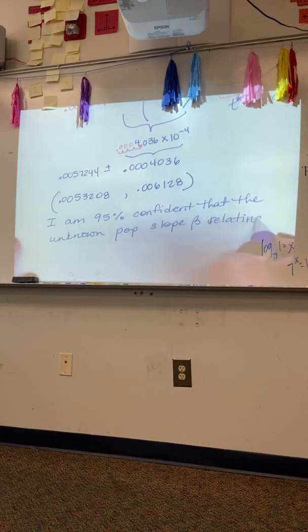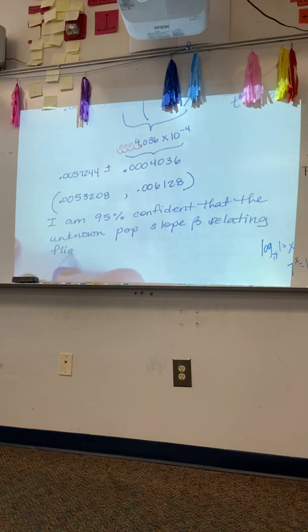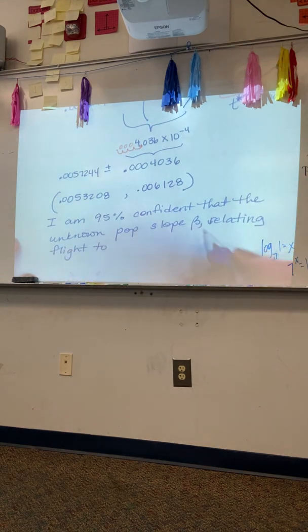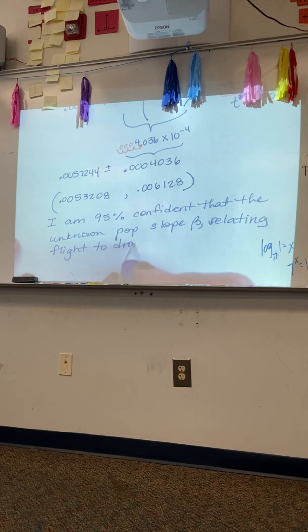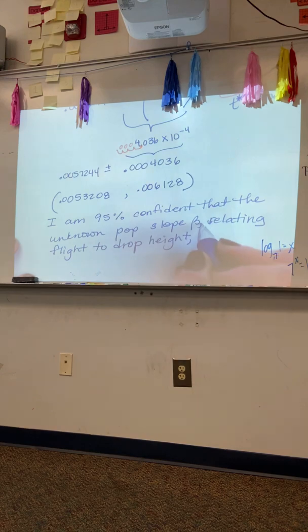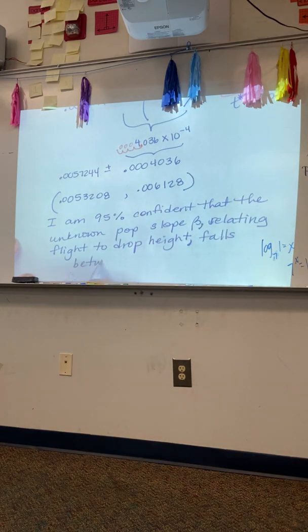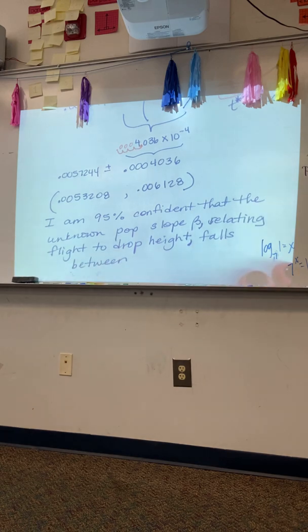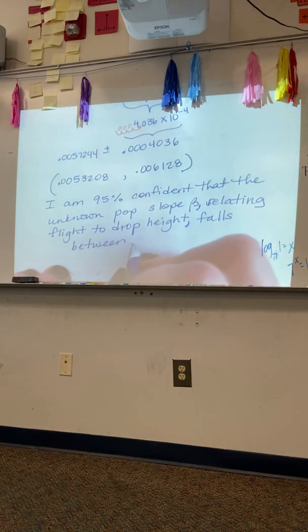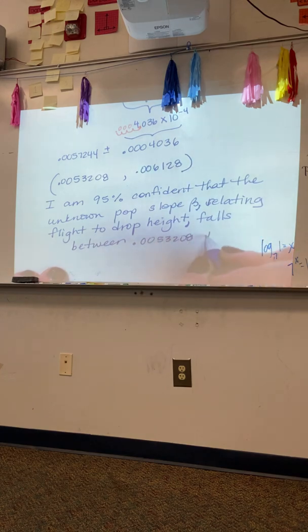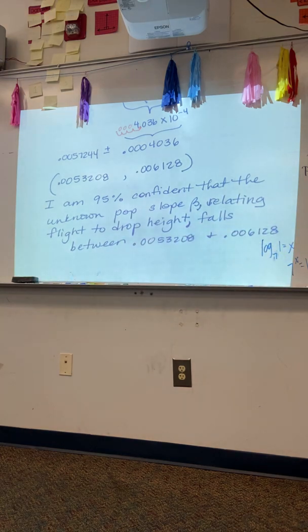Relating flight time to drop height. Doesn't matter which way you say that, by the way. Falls between .00533208 and .006128.